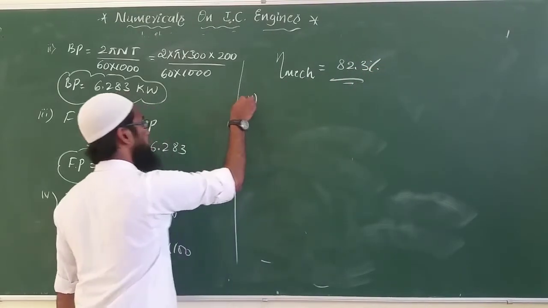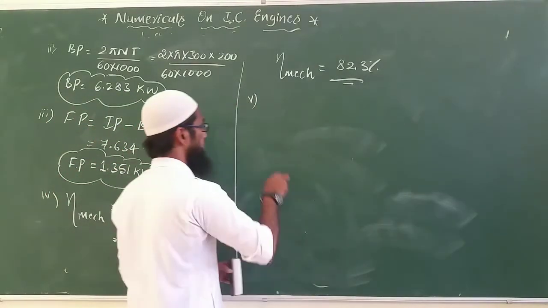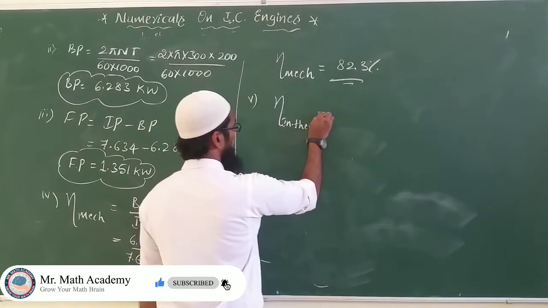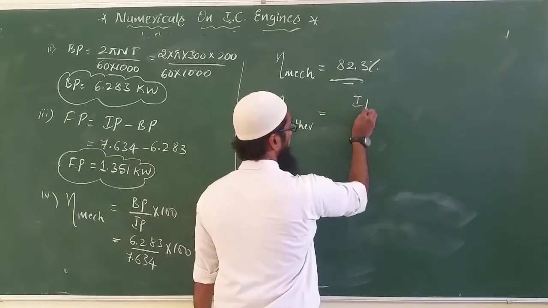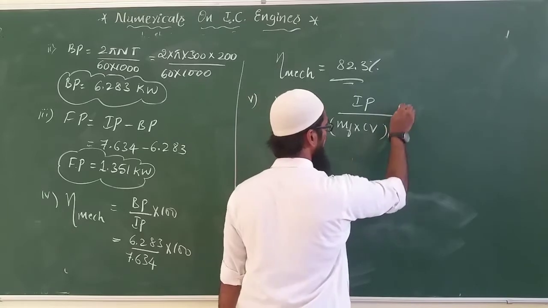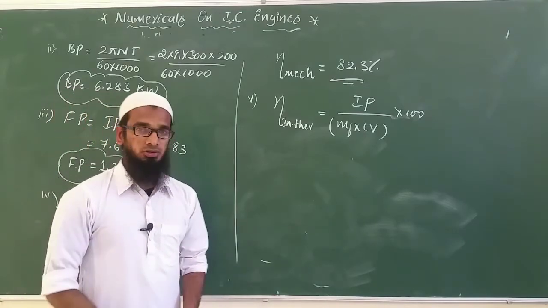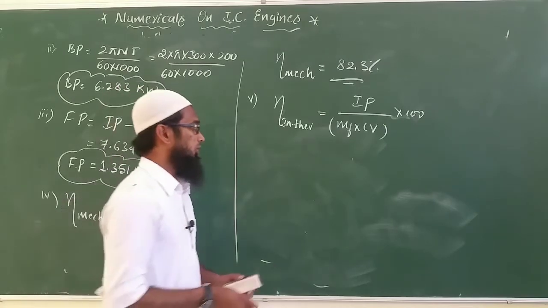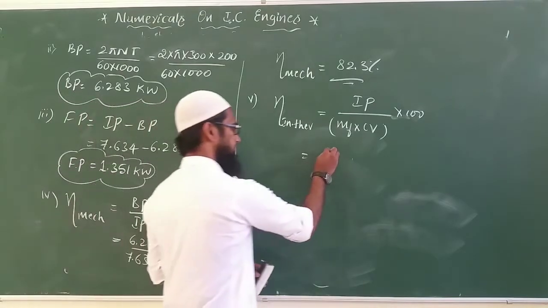Now this is our fifth one: we need to find out the indicated thermal efficiency and brake thermal efficiency. Indicated thermal efficiency is the ratio of indicated power to the heat supplied, that is the mass of the fuel into calorific value, multiplied by 100 for the percentage. A very important thing is that we have to substitute the mass of the fuel in kg per second. Indicated power is, as usual, 7.634 kilowatt.